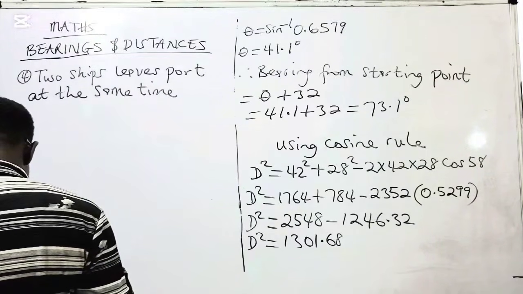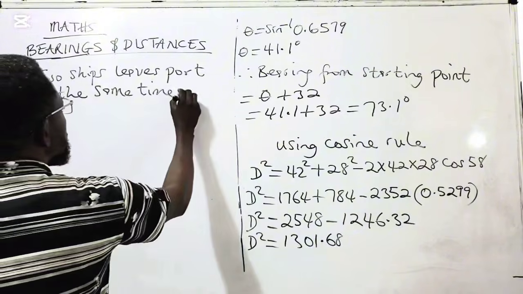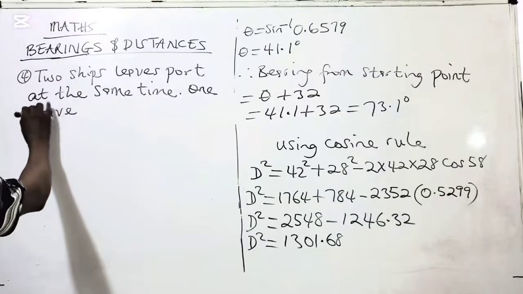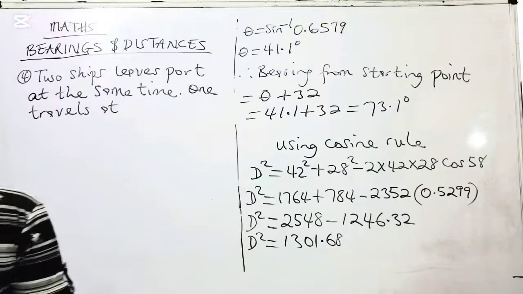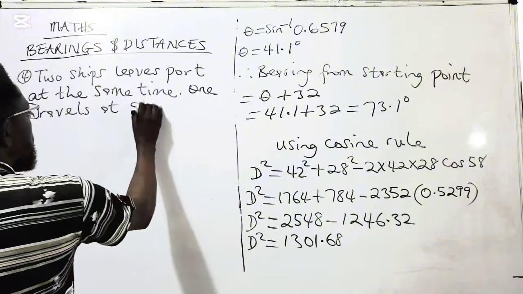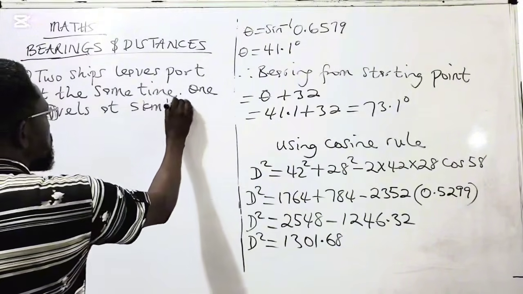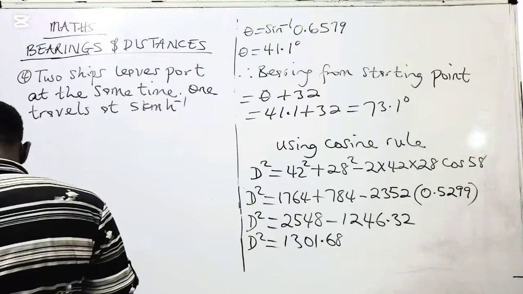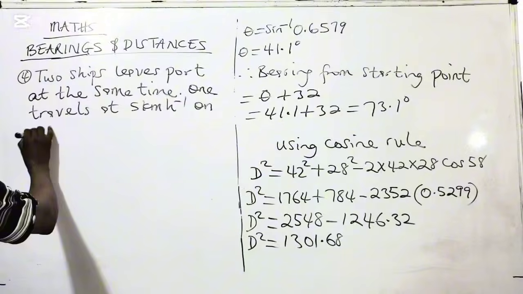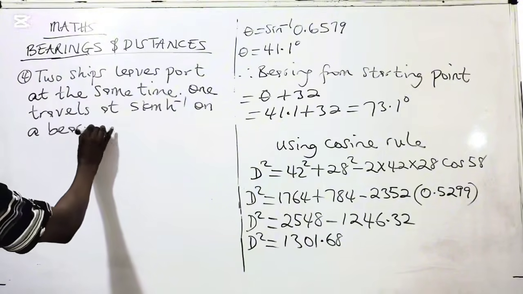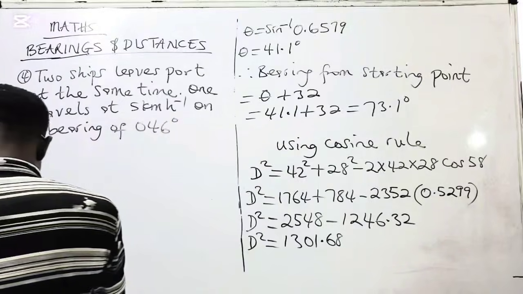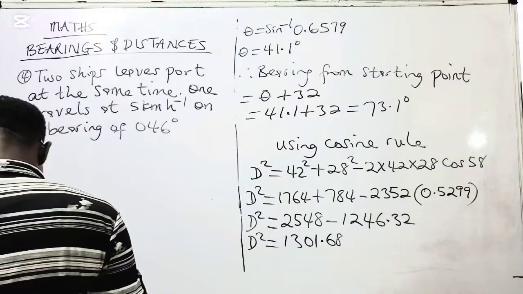First of all, one travels at 5 kilometers per hour on a bearing of 046 degrees.